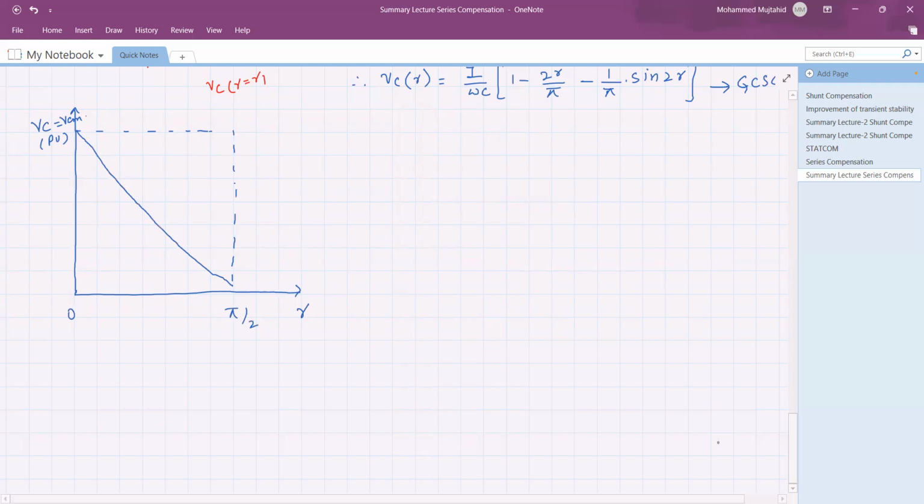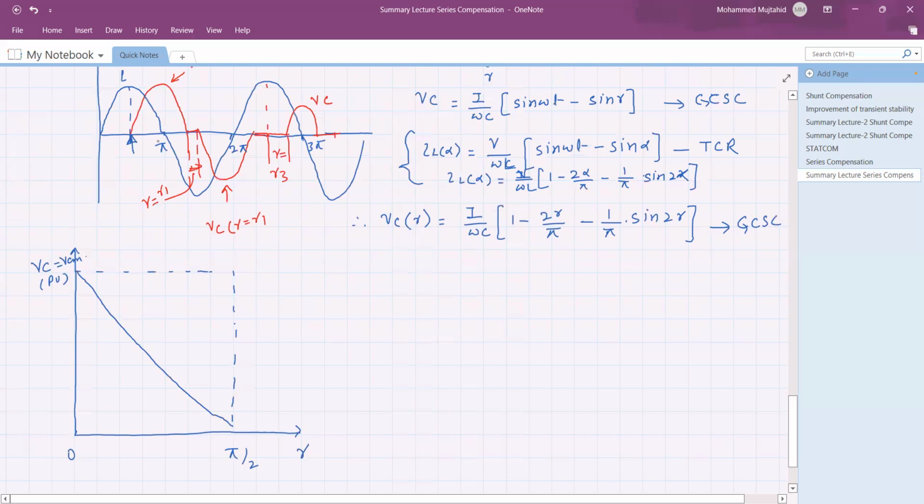Just before this, we have to understand what is the controlling range of angle gamma. The turn-off delay angle can be delayed up to pi, meaning the actual range is from pi by 2 to pi. But we will consider this as 0, and therefore pi by 2. So the range of gamma is 0 to pi by 2, or 90 degrees.